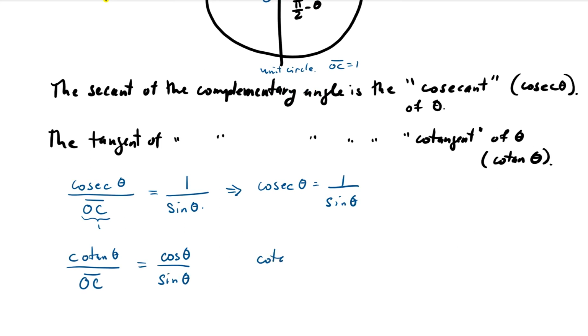So again, because OC is 1, cotangent of theta is just cosine over sine. That is, by the way, the same as 1 over sine over cosine, and sine over cosine is tangent. So cotangent is 1 over tangent.